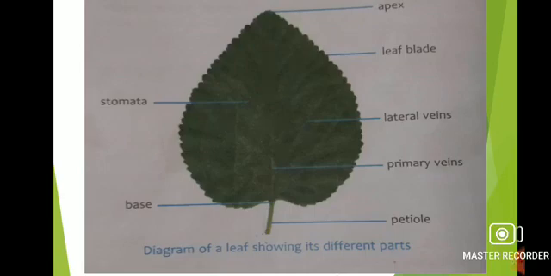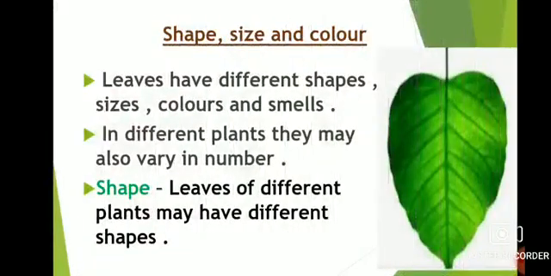Now, the next topic of this chapter is shape, size and color. Children, leaves have different shapes, sizes, colors and smells. In different plants, they may also vary in number. First one is shape. Leaves of different plants may have different shapes.